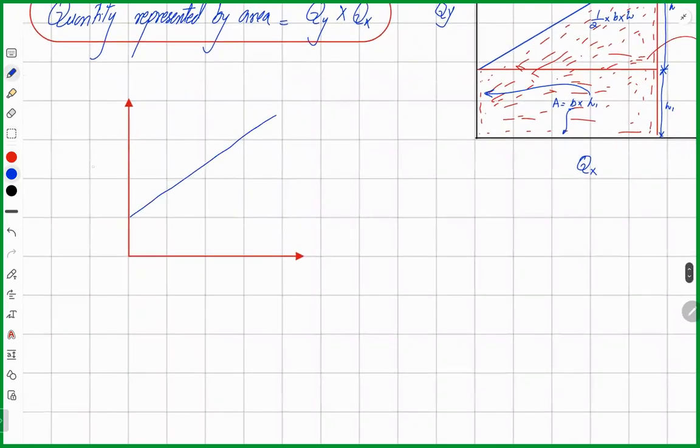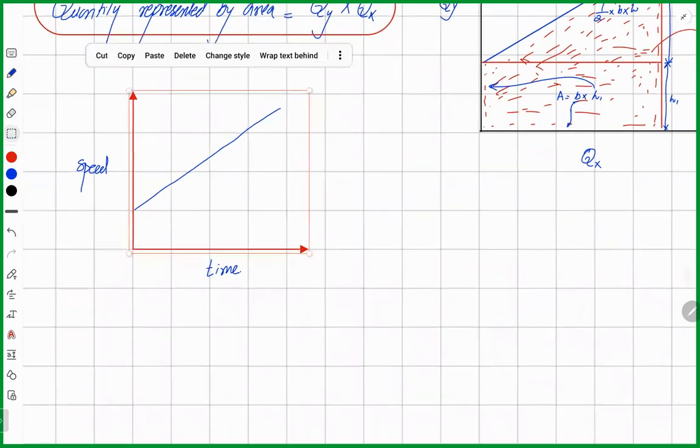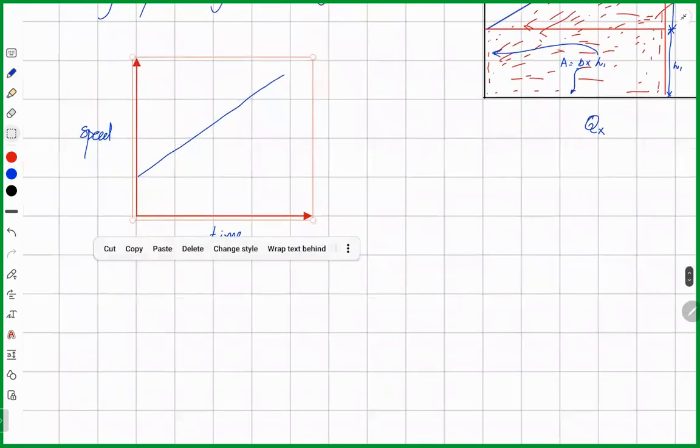There is speed on y-axis and time on x-axis. So what will be the area of this particular graph? What will be represented by area of this graph? Answer: distance.